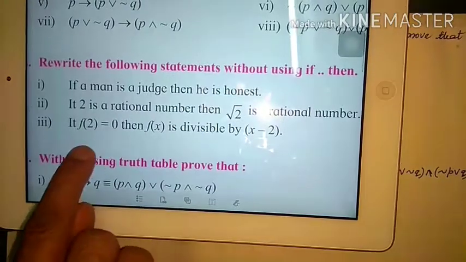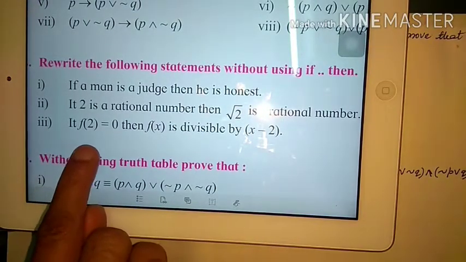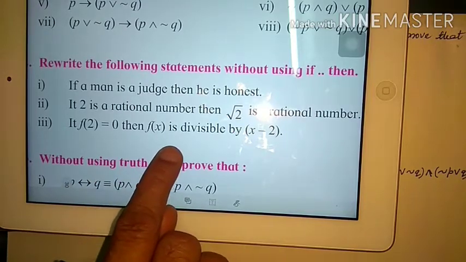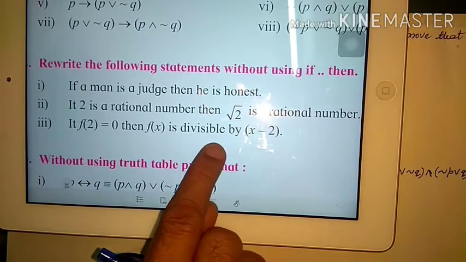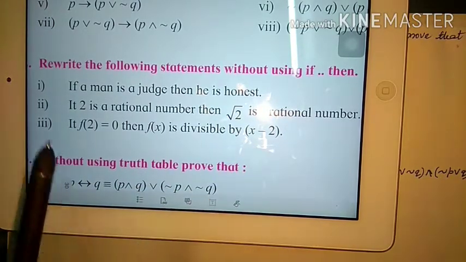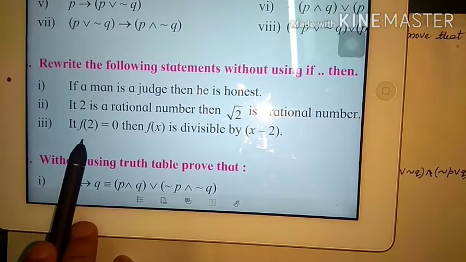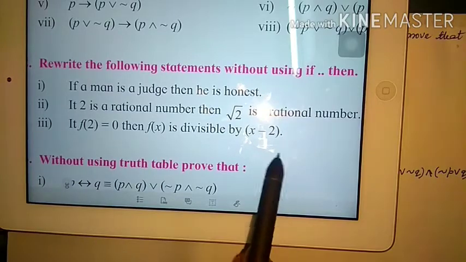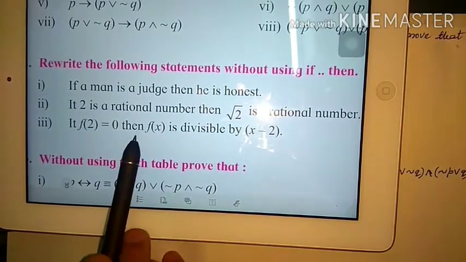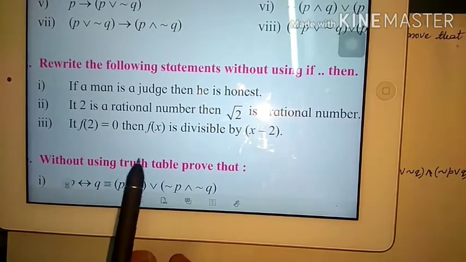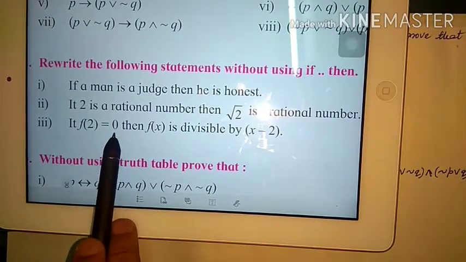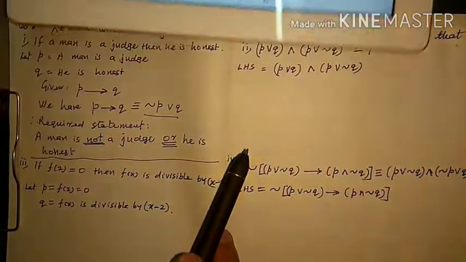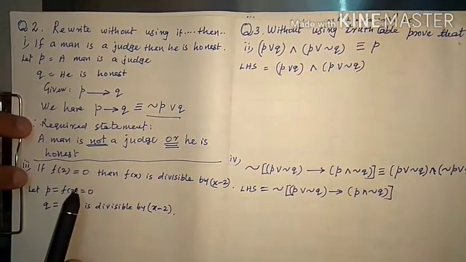Question number 3. If f of 2 is 0, then f of x is divisible by x minus 2. If f of 2 is 0, then x is equal to 2, so x minus 2 is a factor, like polynomial.